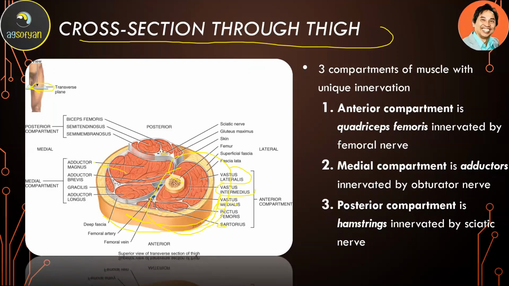And inside, in the middle, you're going to see the group of adductor muscles. And on the back, you're going to see the hamstring muscles. So these are the three compartments of muscle groups in the thigh.